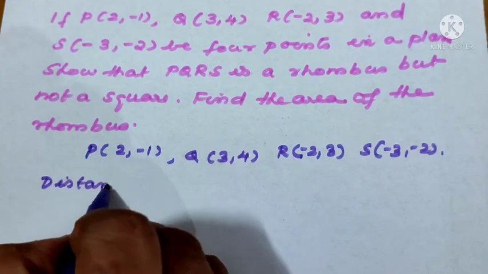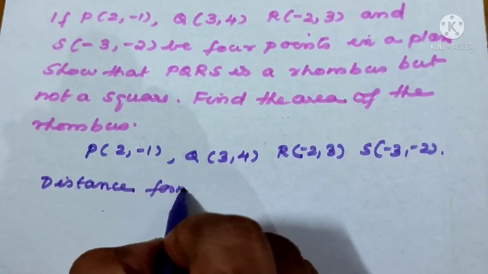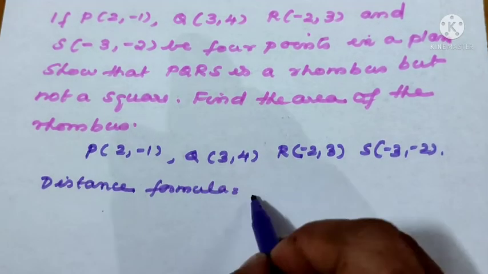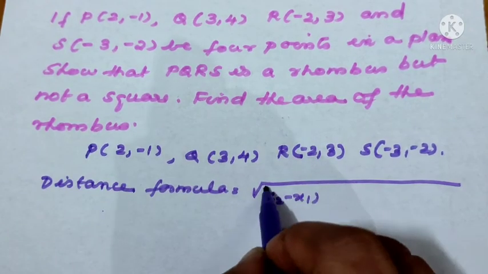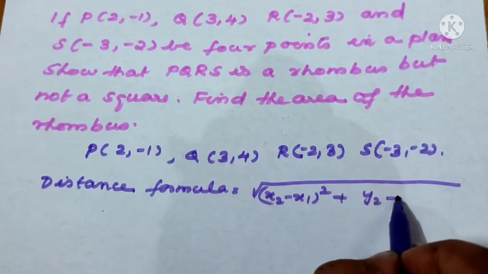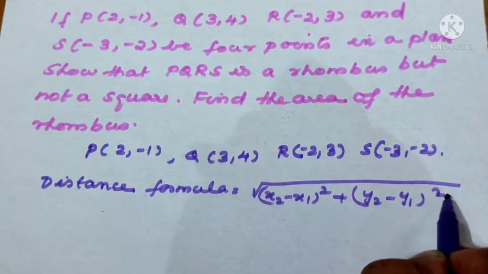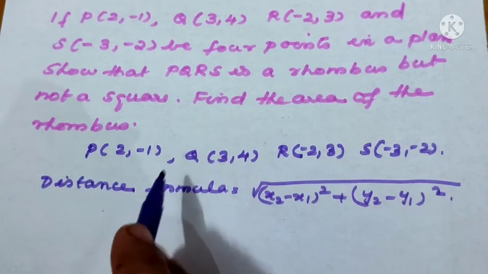Distance formula equals root of (x2 minus x1) whole square plus (y2 minus y1) whole square. Now the first side is PQ.